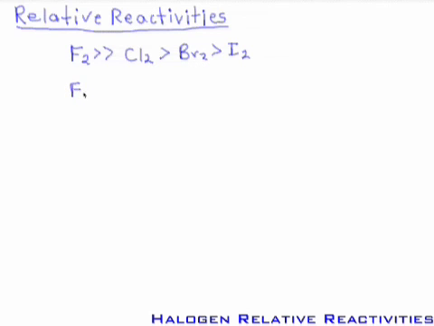F2 has a greater bond dissociation energy than I2. All right? The BDE, this is rate for halogenation.